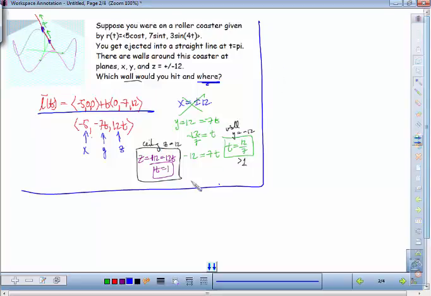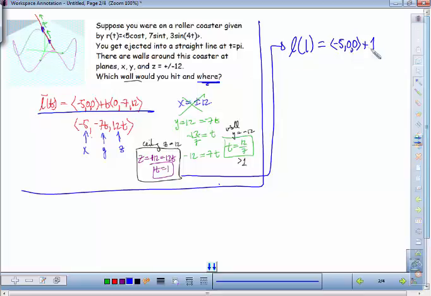So let's see, L of 1 is what we're interested in, when t is equal to 1, put into the L function. So we can just say this is negative 5, 0, 0 plus 1 times, or t is 1, times, or plus t times 0, negative 7, 12.